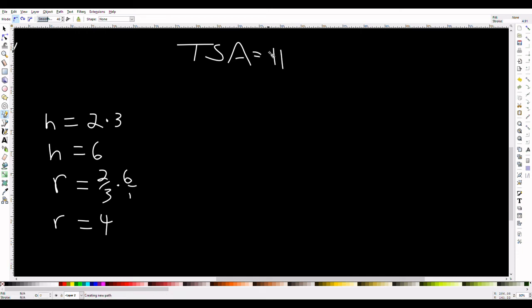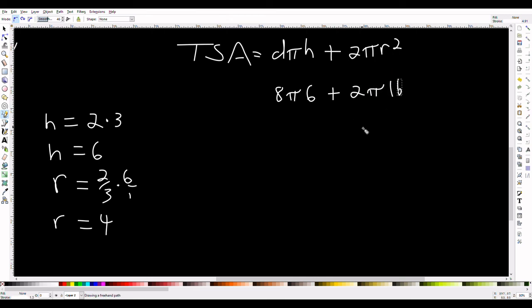The lateral surface area is diameter pi times height, and our two bases are 2 times pi r squared. What's the diameter? It is 8. What is our height? It is 6. 8 pi 6 plus 2 pi 16. Yes, 4 times 4 is 16.